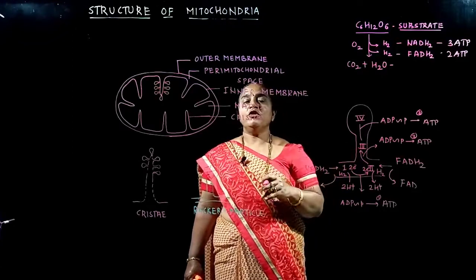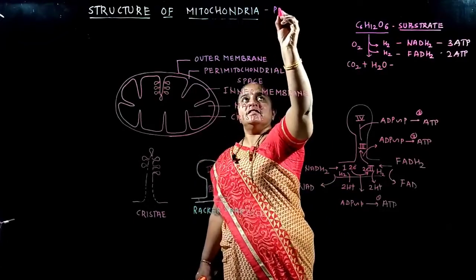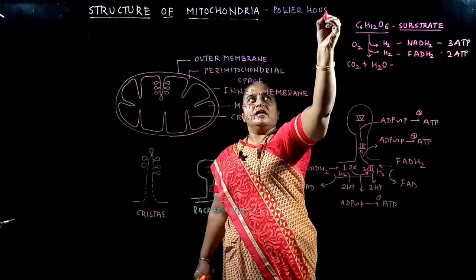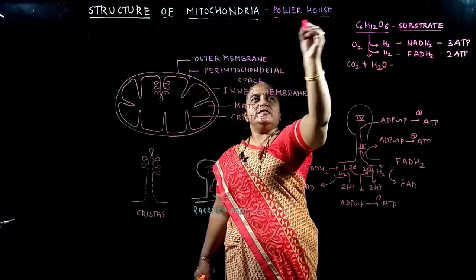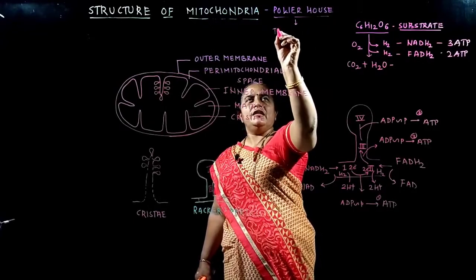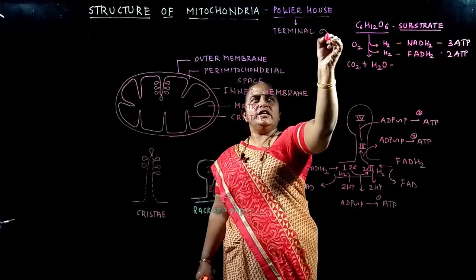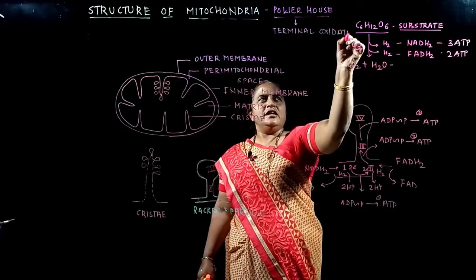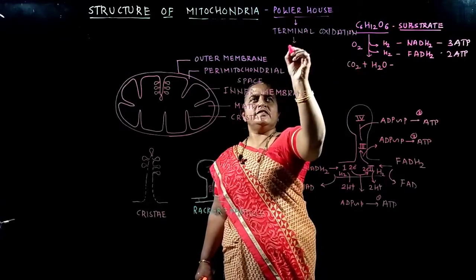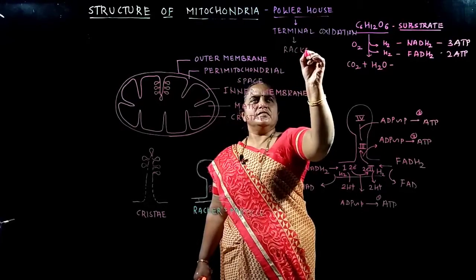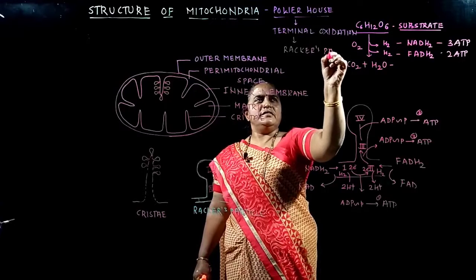That's why mitochondria is referred to as the powerhouse of the cell, because mitochondria help in terminal oxidation, and terminal oxidation occurs in Racker's particle.